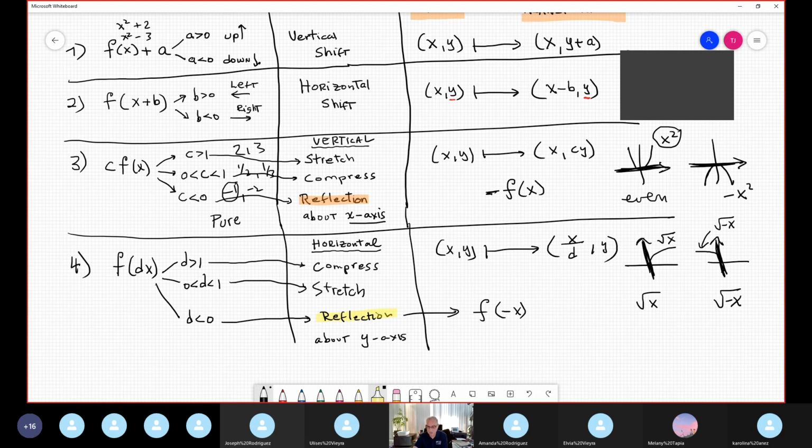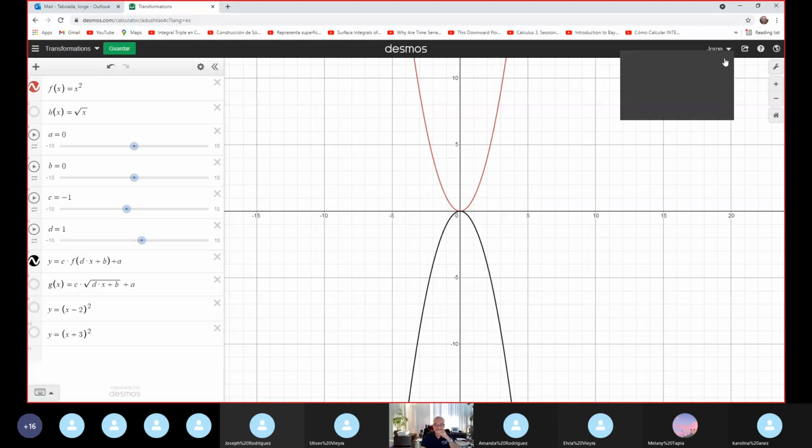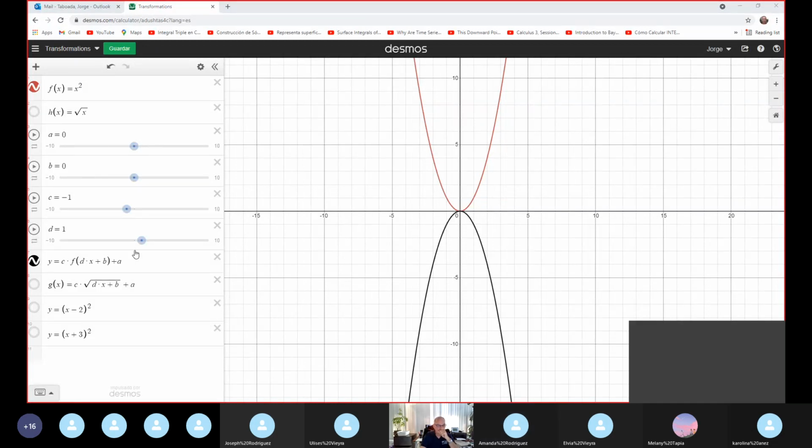Okay? Let me see in Desmos the last transformation, which is horizontal compress, stretch or reflection. Switching over there. Do you see Desmos, right? Yes. Okay. Now I want to change this to 1.